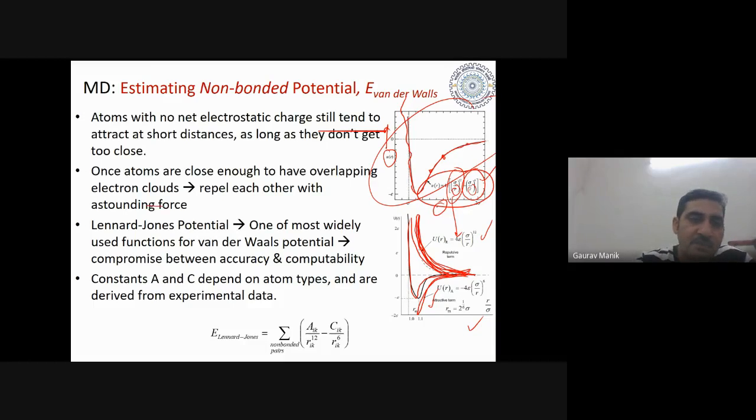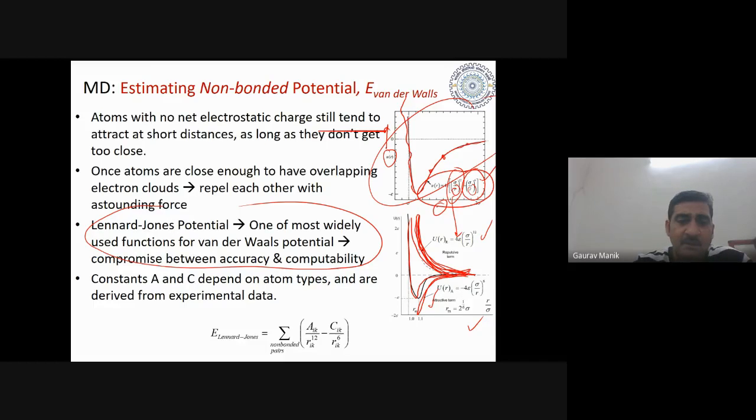Now you have to calculate this for almost all the atoms, and this is a little tricky and difficult calculation because you are computing sigma by r to the power 12, and that may be computationally very intensive unless you make those computations in a little smarter way. That is one reason for using the cutoffs as well.